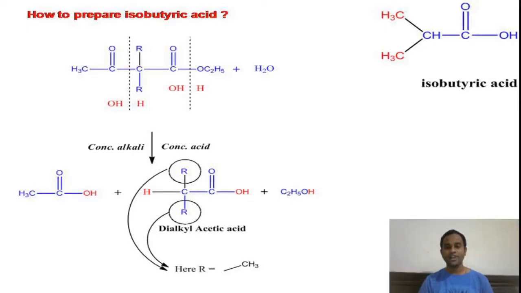That means we have to take methyl iodide and perform alkylation twice on the acetoacetic ester to get dimethyl acetoacetic ester, which on further hydrolysis gives dimethyl acetic acid, which is our isobutyric acid, right?